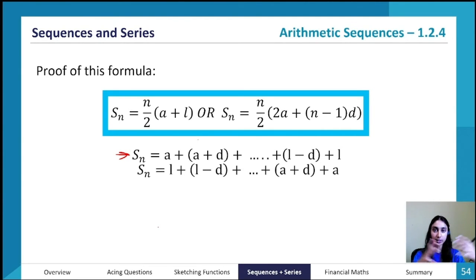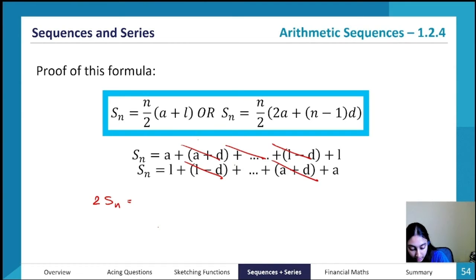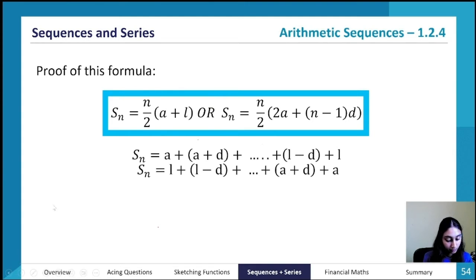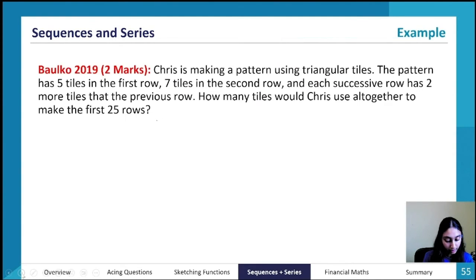And then obviously, because they're all being added, if you just split them over, it'll be the same thing. And then when you add these together, 2Sn, you'll find that everything cancels with each other except for our a plus L. So you're left with just Sn is equal to n on 2 times a plus L. So that's a pretty cool formula.